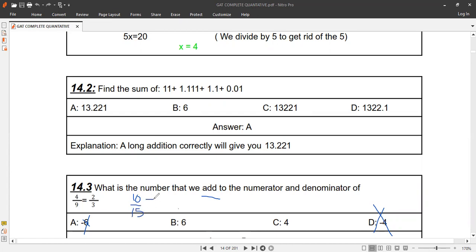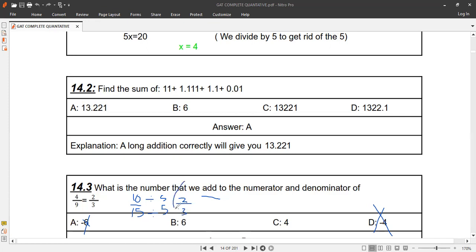Now let's simplify. We divide both sides, or numerator and denominator, by 5. So we will have 10 divided by 5, I'm sorry, 10 divided by 5 is 2, and 15 divided by 5 is 3.